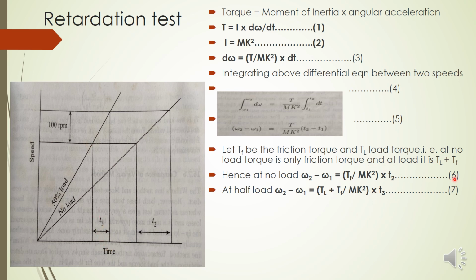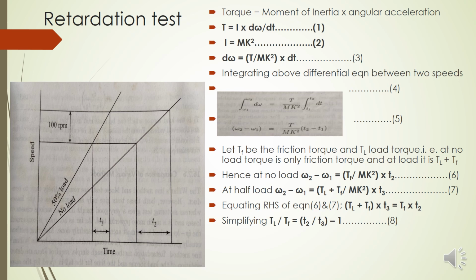Now we have equations 6 and 7. The left hand side is the same, so obviously the right hand side should also be equal. Equate the right hand side; the mk square is common and we can cancel it. Rearranging, we get (TL plus TF) into T3 is equal to TF into T2.